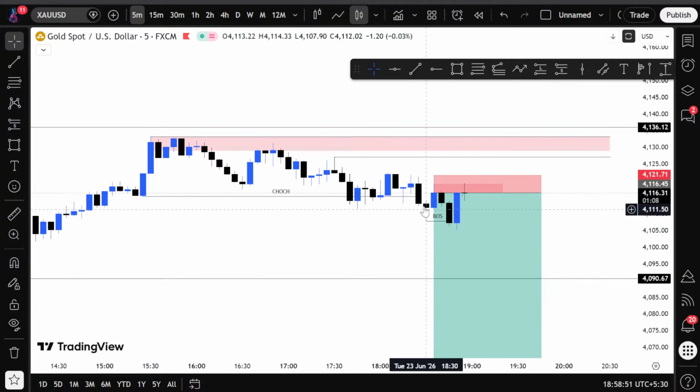Same position will be applied over here. Stop loss will be above this zone.